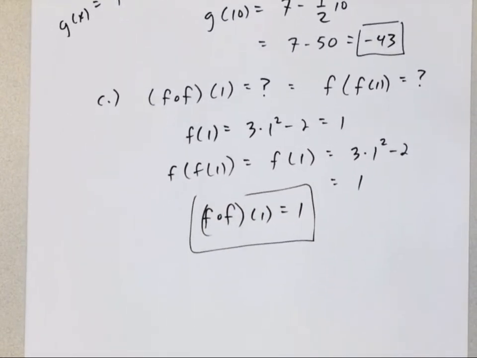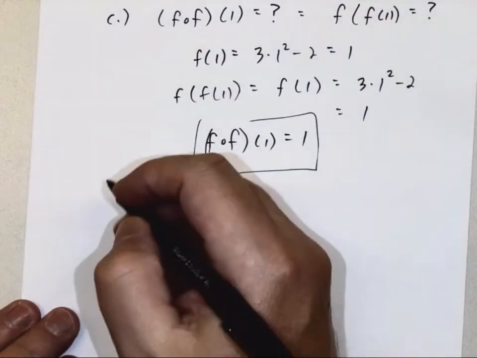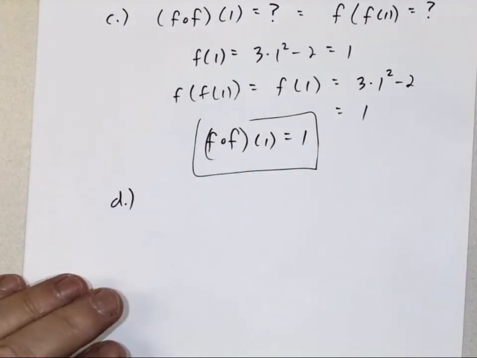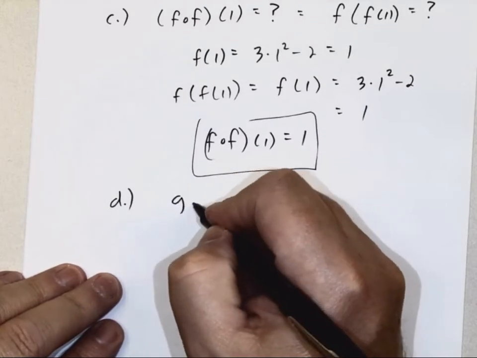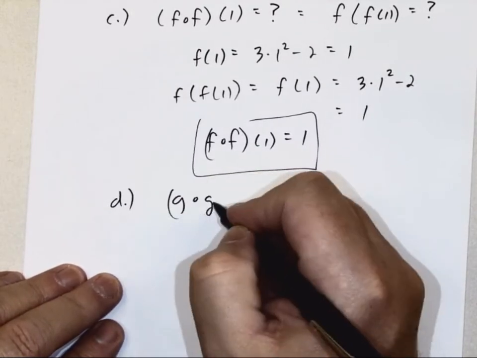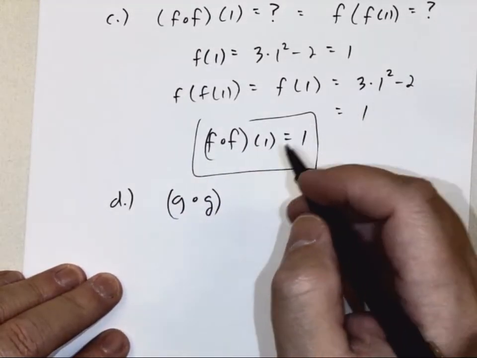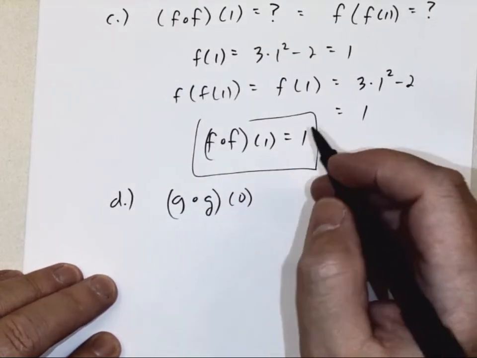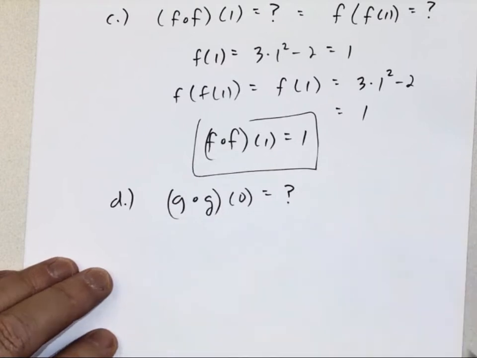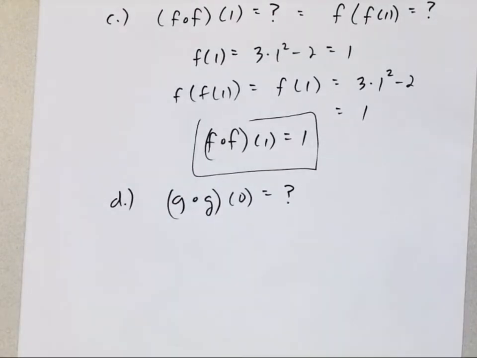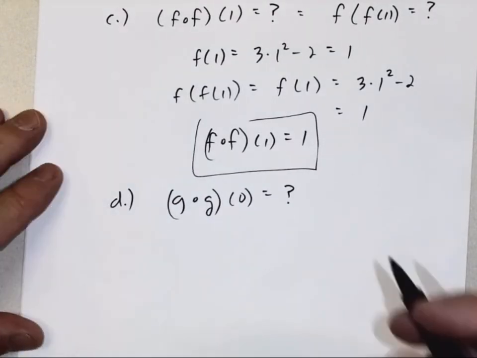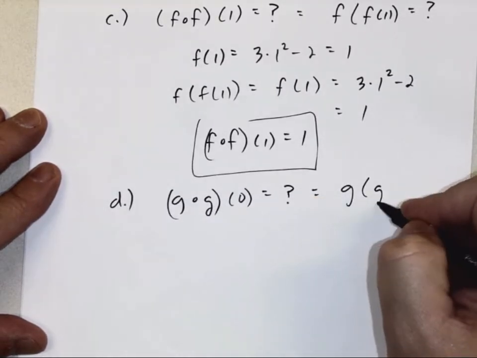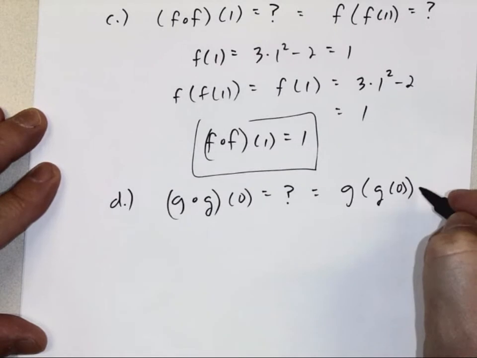And then the last problem, problem D, similar: g of g of 0. First step, composite functions, always change this to g of g of 0.